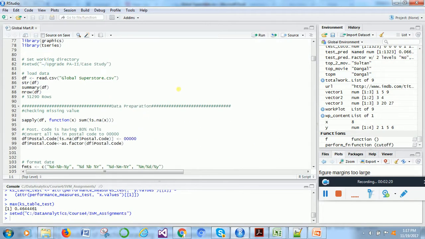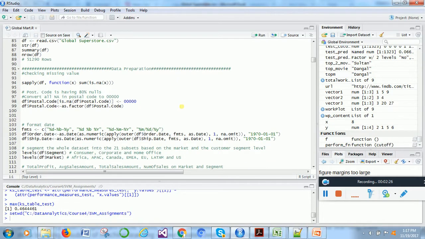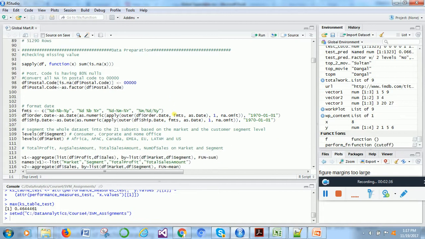So we load the data, and then we check for null values and missing values. We saw postal code had a lot of missing values, so we converted them to zeros. Then we check the dates, because the date has to be in proper format so that we can find a monthly trend.